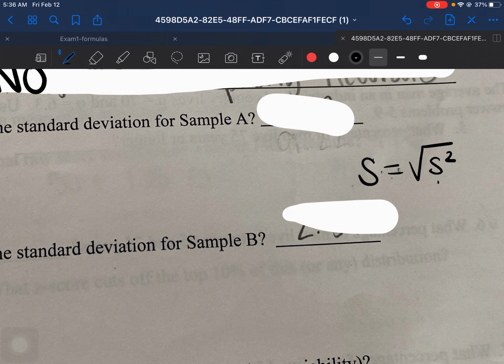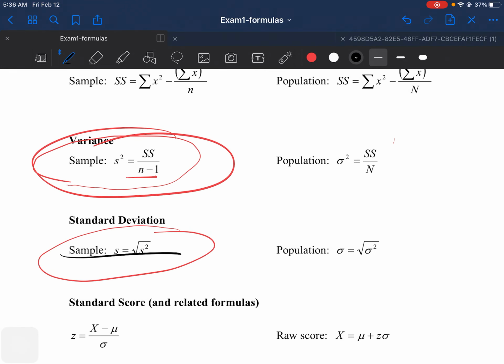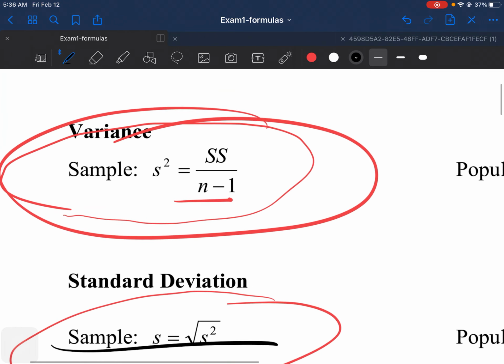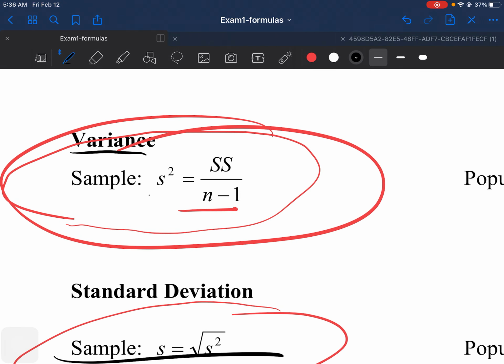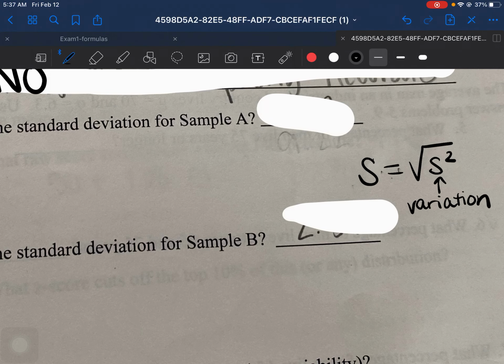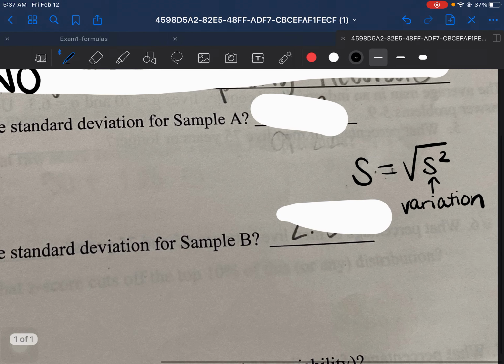This is the square root of s squared, which is variance. But we don't have s squared, so we need to go find s squared. So the variance for a sample is sum of squares over n minus 1.